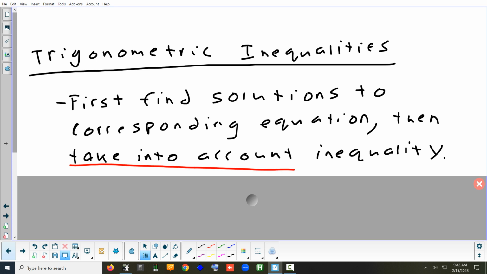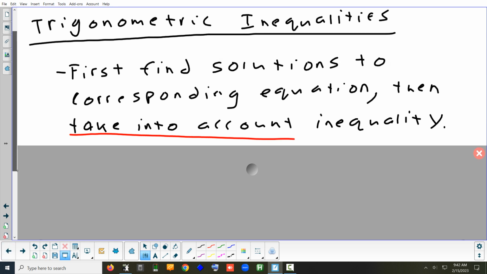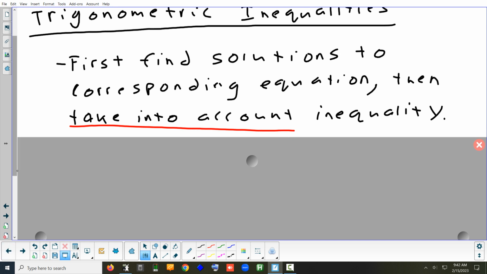But then we have to take into account the inequality. We're going to be looking for one of 2 things all of the time. Where is it below 0? Or where is it above 0? That starts with finding where it exactly is 0.